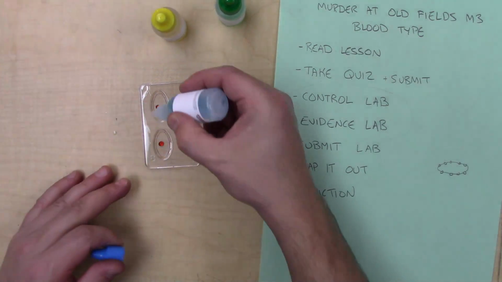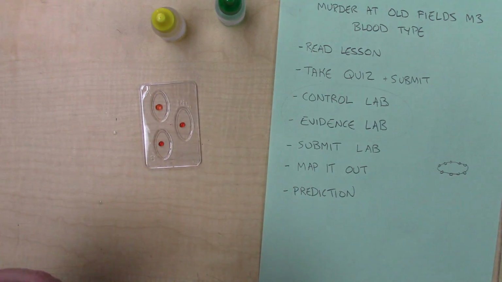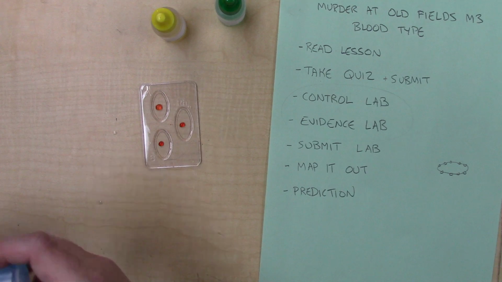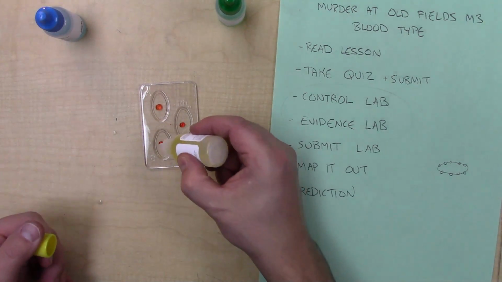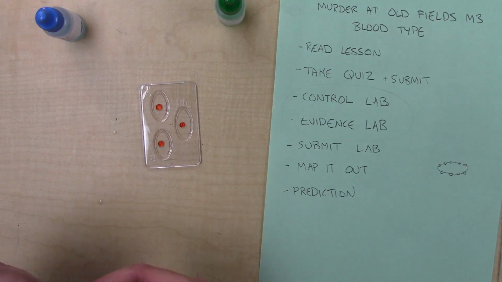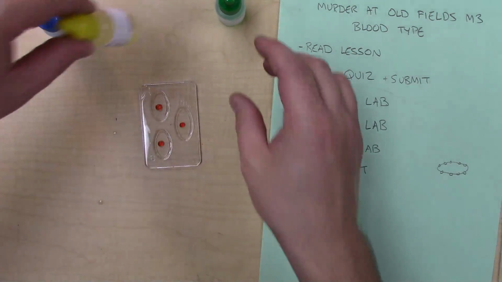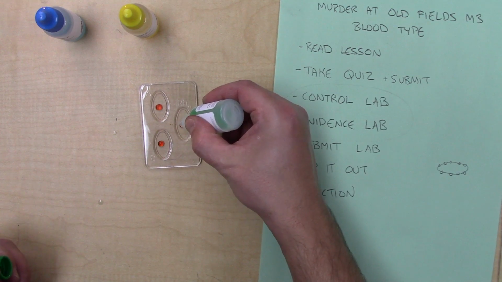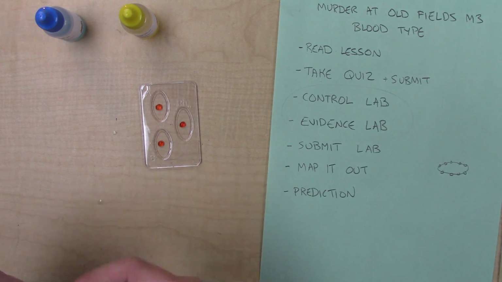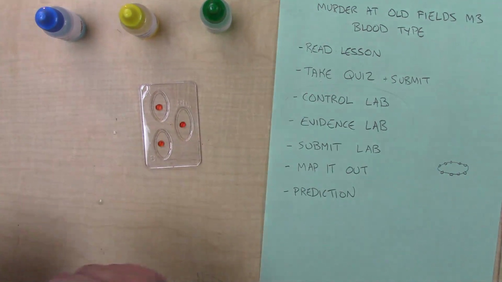Does she react on the A? Okay, let's see if that gets cloudy. Does it react on the B? Let's see if that gets cloudy. And does it react on the positive test for the RH factor? Let's see.